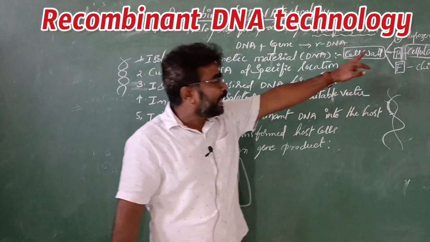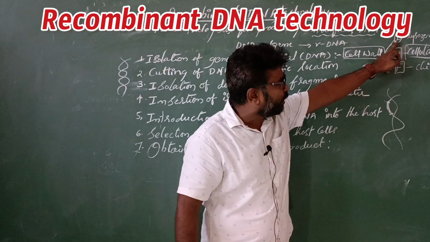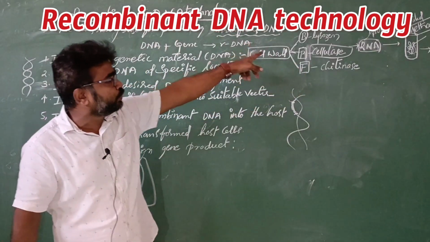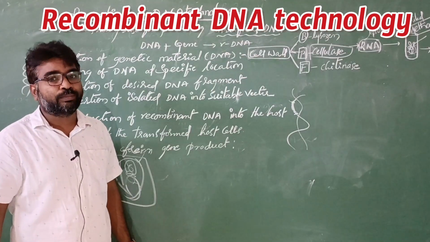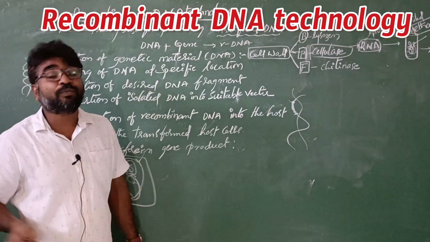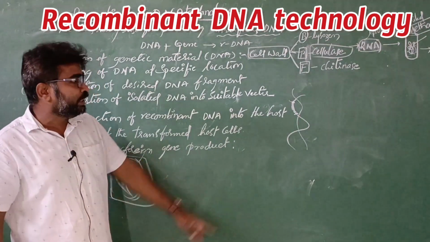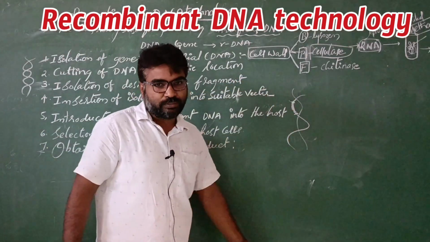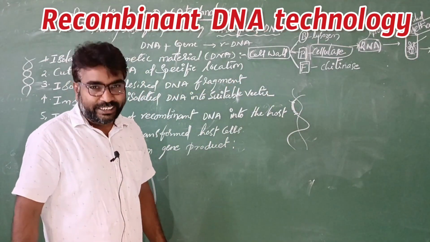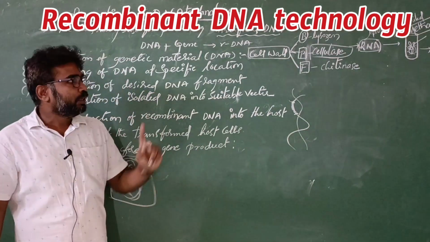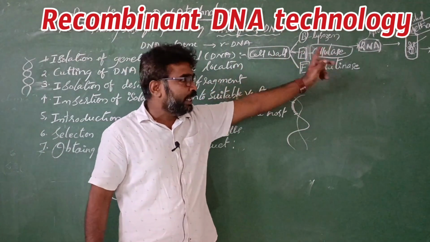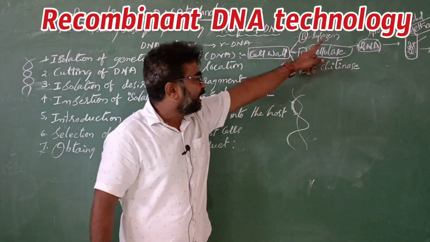Like that, for a bacterial cell, we have to use lysozyme. A fungal cell we break down by using chitinase. You remember three things here. If it is a plant cell, cellulase. If it is a bacterial cell, lysozyme.